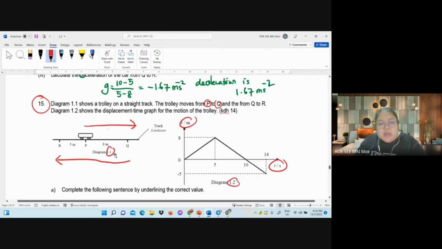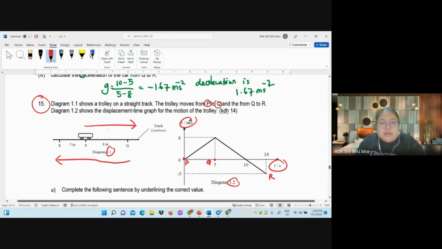So the graph they show, when starting, they go P to Q, 8 meter. Then after that, from the Q, they go to the R.